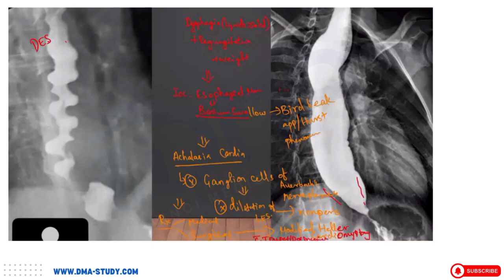Nowadays, POEM is also offered. Peroral endoscopic myotomy can also be offered. But mostly surgery, modified Heller's cardiomyotomy, we use.